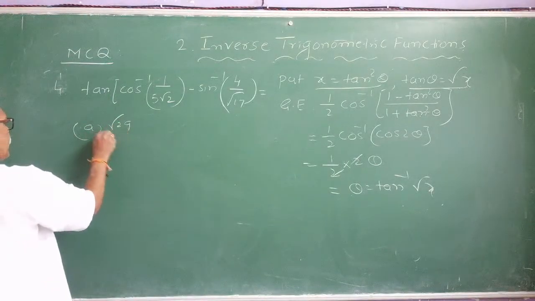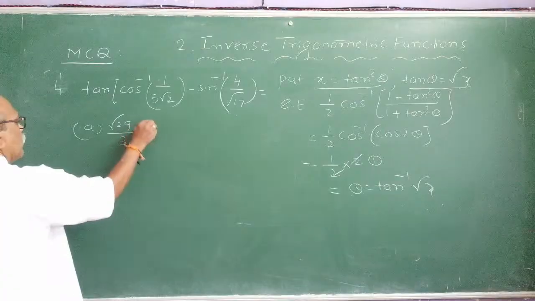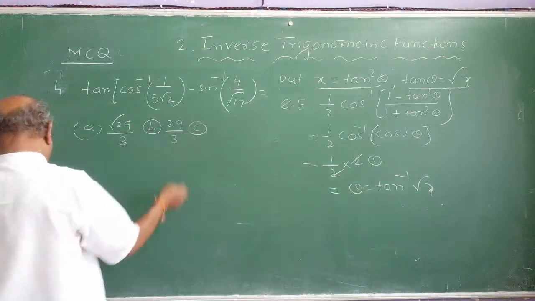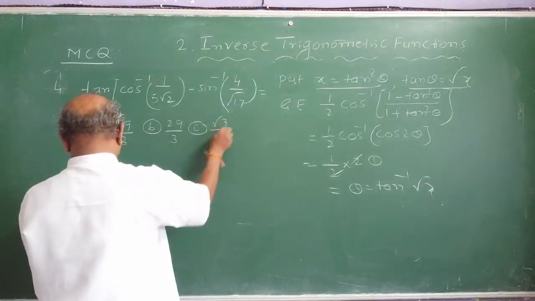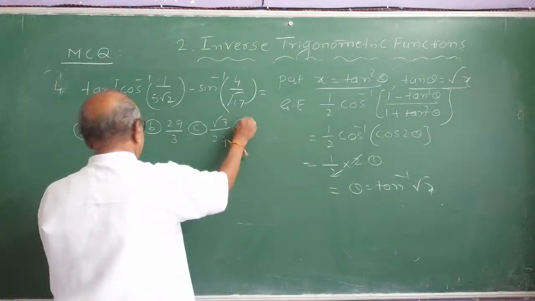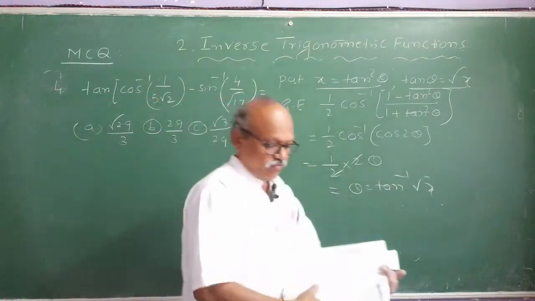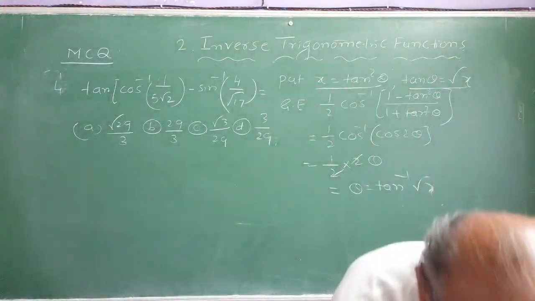A is root 29 by 3, B is 29 by 3, C is root 3 upon 29, and D is 3 by 29. Try to solve. Take 1 minute.